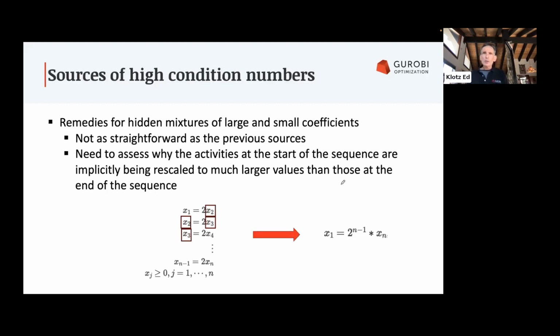All right, so what are the remedies for these hidden mixtures of large and small coefficients? In our previous two cases of sources of high condition numbers, we had some very set remedies. Unfortunately, I have not figured out any obvious thing that you can just say, well, do this. It's more about looking at your model and assessing why the activities at the start of this sequence are being rescaled to much larger values at the end of this process.